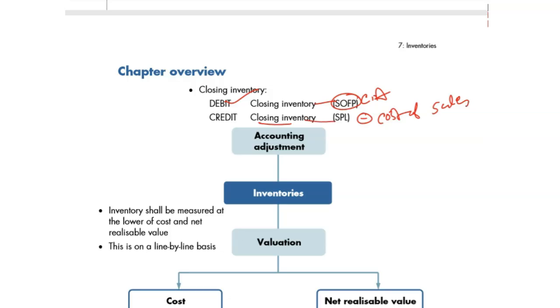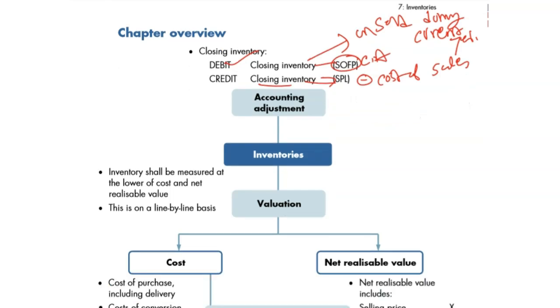That's why it is an SPL credit. Closing inventory items are unsold during the current accounting period. The same closing inventory becomes opening inventory in the next accounting period.